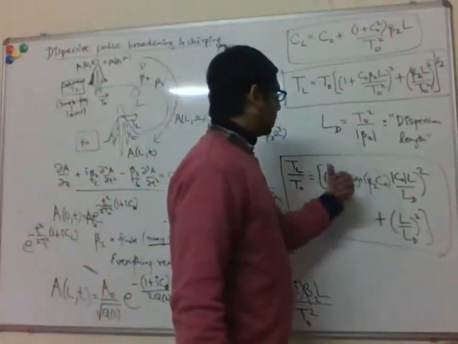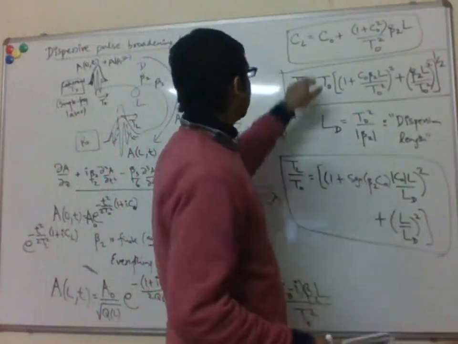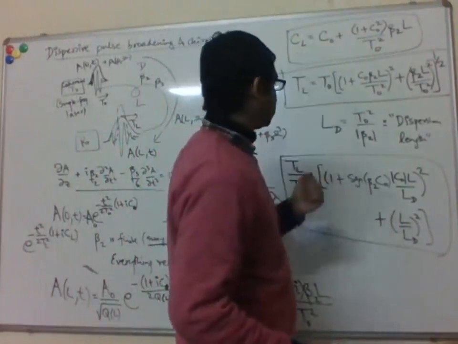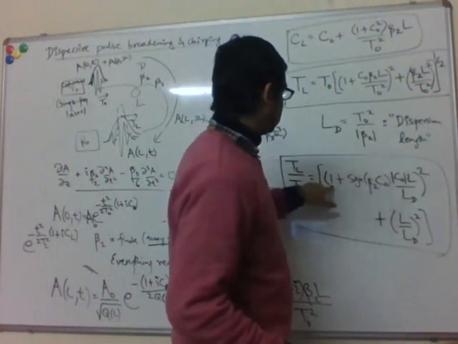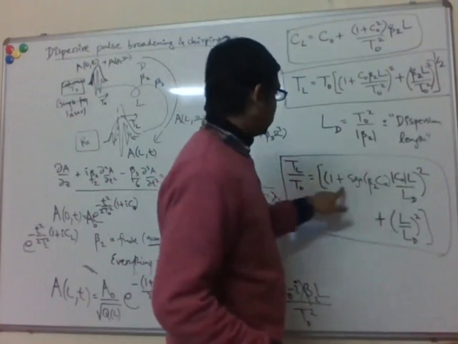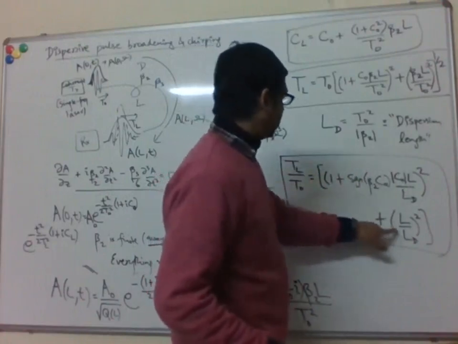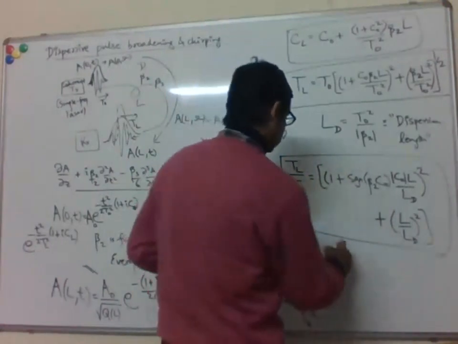Another way to define the dispersion length is that if you take an unchirped input pulse, so if C naught is 0, right? So this first term is just 1, this term is 0. Then you can see that for L equal to LD, TL is square root of 2.